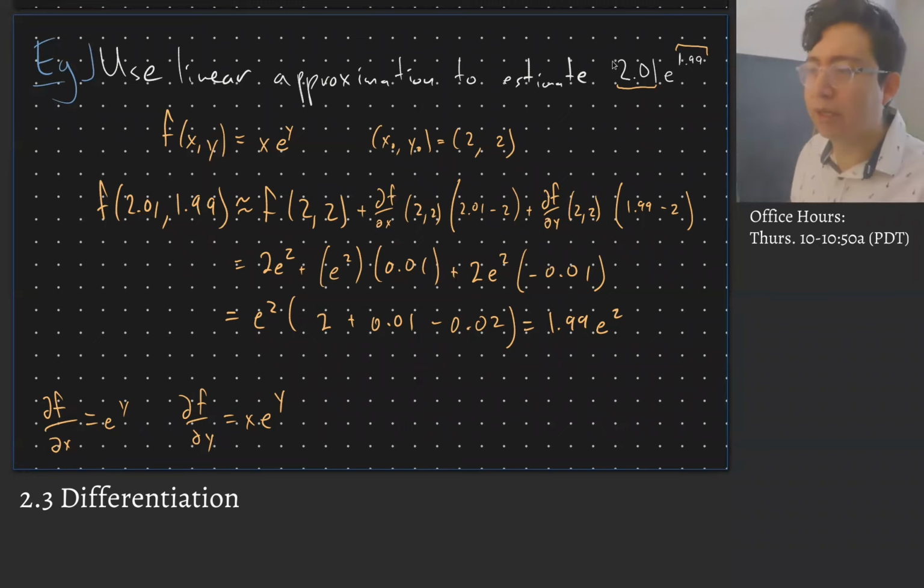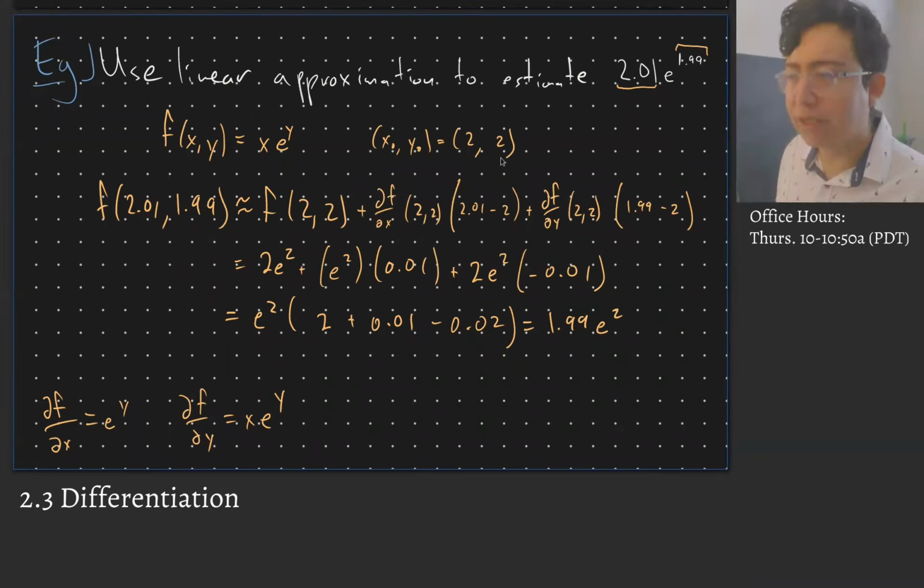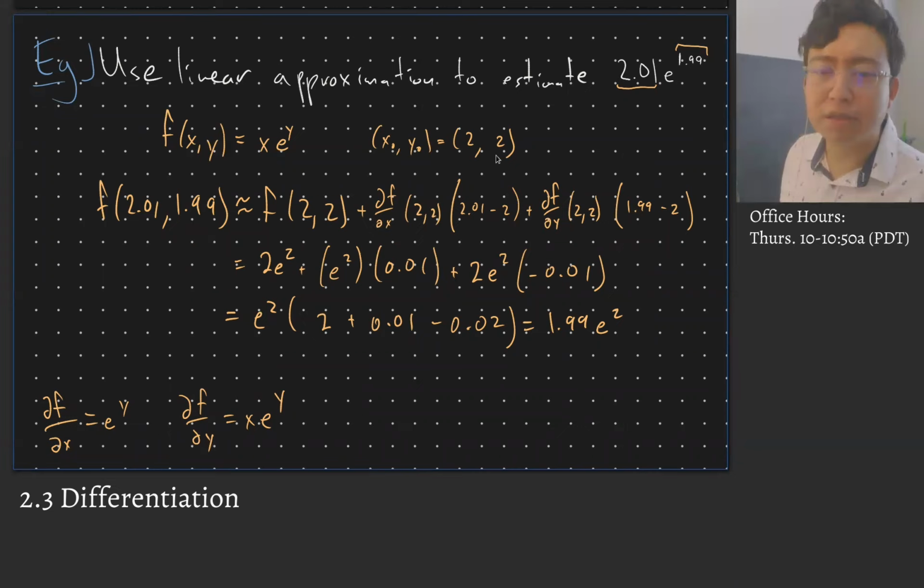So we go to some whole number, and we can approximate this by just plugging in the whole number. You can imagine that if there was trig involved, maybe the nice number would be something involving pi.